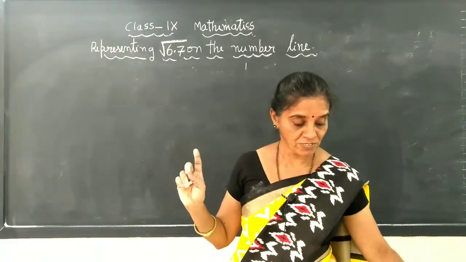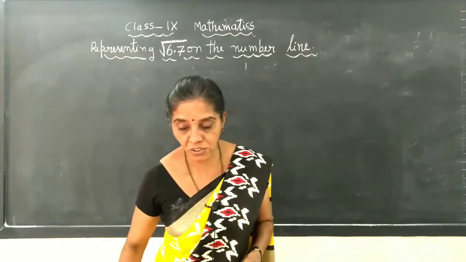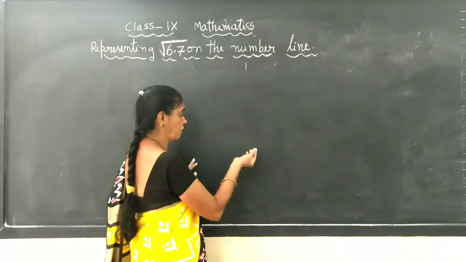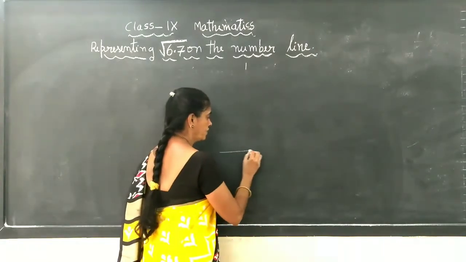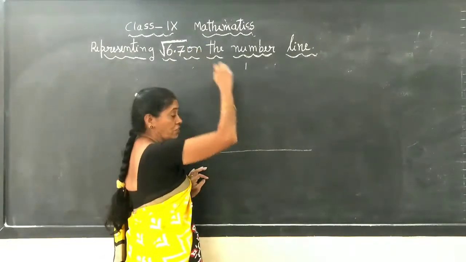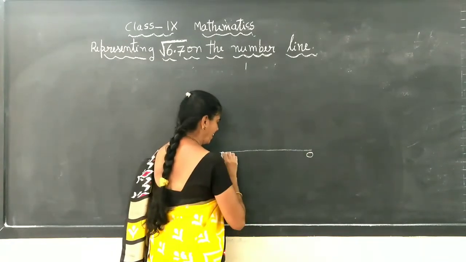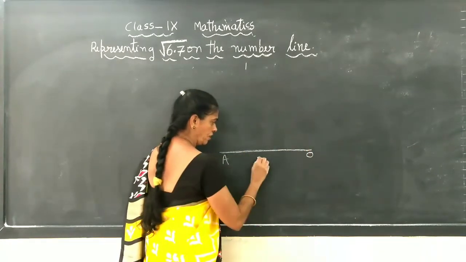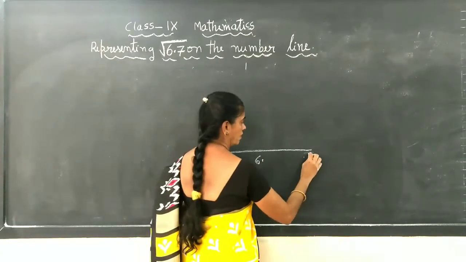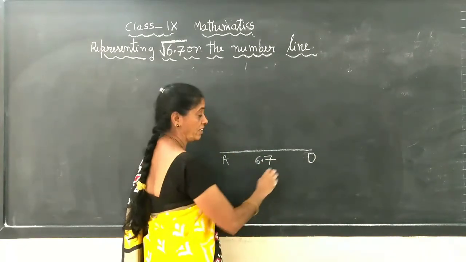So first we will learn how to draw it. Now before doing the real diagram, I will explain the method. First we have to draw the number line taking this measurement. Okay, so we have to draw the line AO, one line, taking the measurement 6.7 centimeter.